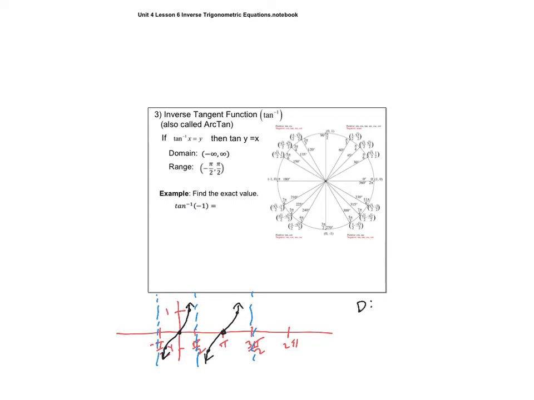So the normal range for tangent is from -infinity to infinity, because it starts down and then goes up forever. The domain for this one is different this time. It goes x such that x cannot equal pi over 2 plus pi times n, where n is any integer.